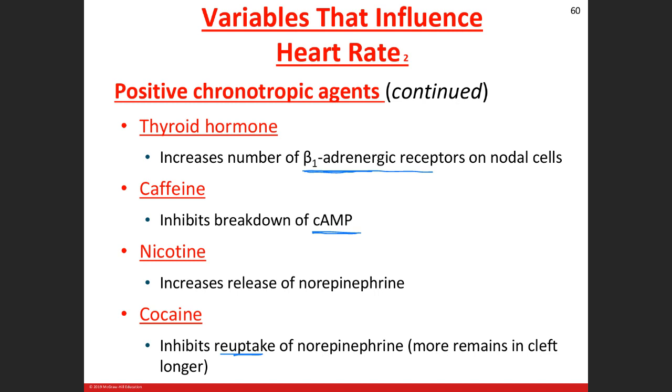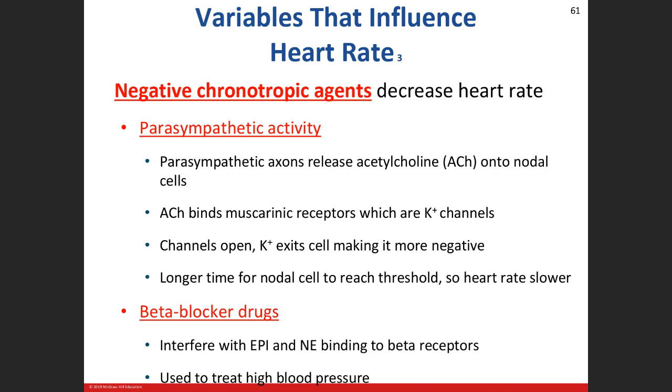All right, so we talked about the positive. Let's talk about the negative. So we know with the positive, it's sympathetic. With negative, we're going to decrease our heart rate. So we're going to deal with the parasympathetic nervous system. In this case, look, different neurotransmitter.